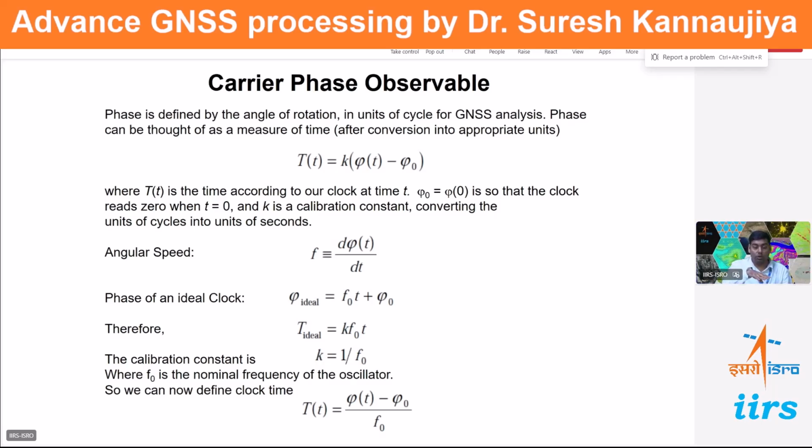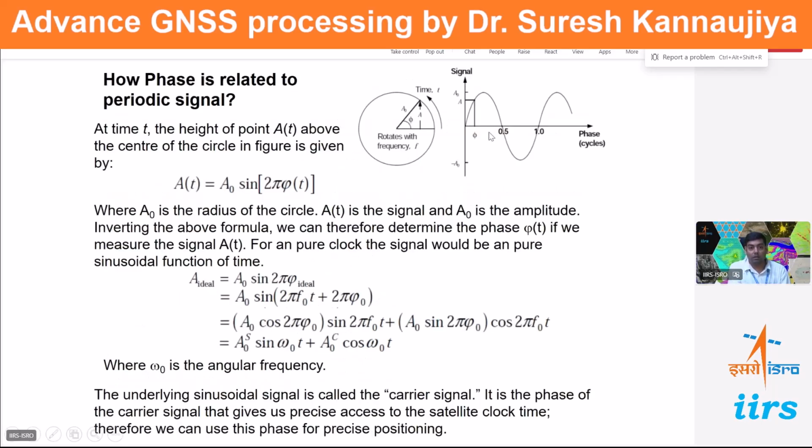If we compare with a sinusoidal wave, one cycle is 2 pi and is equivalent to one complete circle. For example, you can see here one complete cycle.